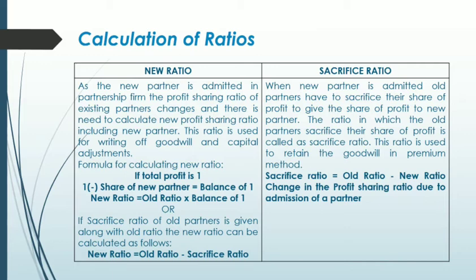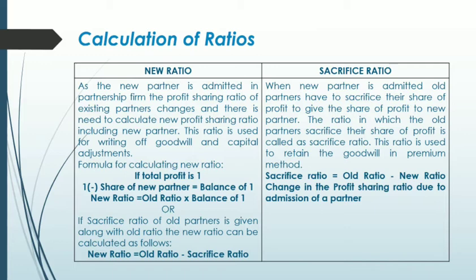As the new partner is admitted in the partnership firm, the profit sharing ratio of existing partners changes and there is a need to calculate the new profit sharing ratio, including the new partner. This ratio is used for writing off goodwill and capital adjustments.